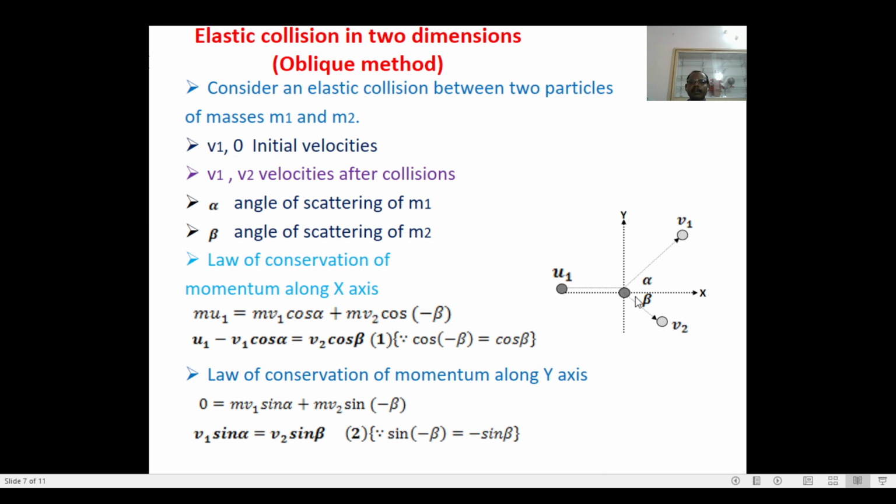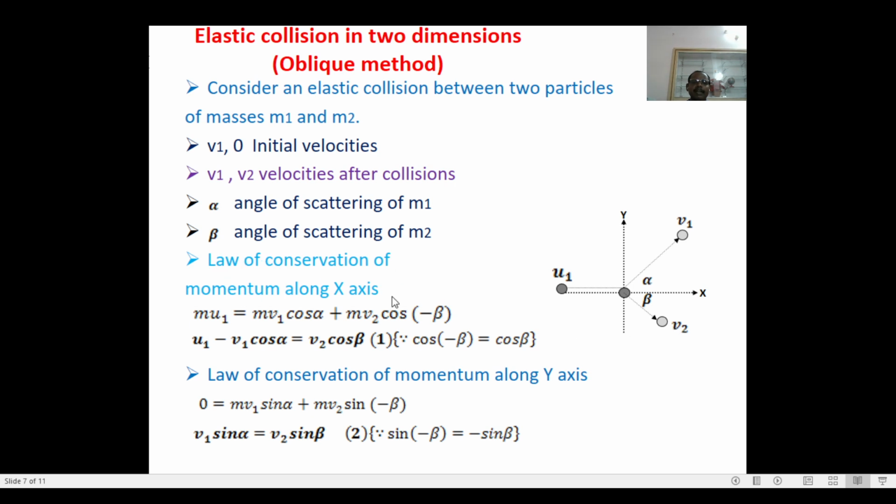This is particle 1, this is particle 2. u1 is the initial velocity of particle 1, and 0 is the initial velocity of particle 2. v1 and v2 are velocities after collision. Alpha is the angle of scattering of particle 1, beta is the angle of scattering of particle 2.